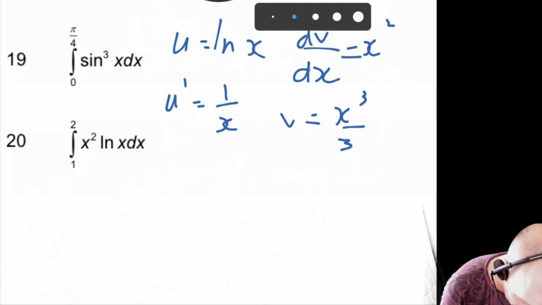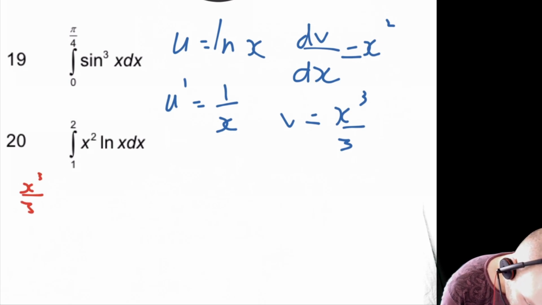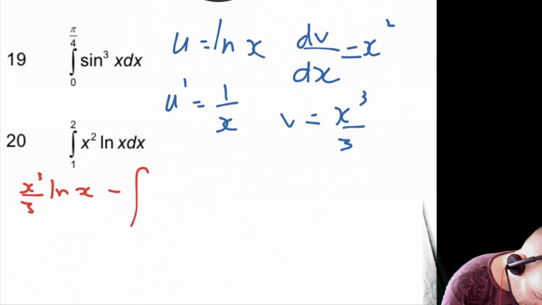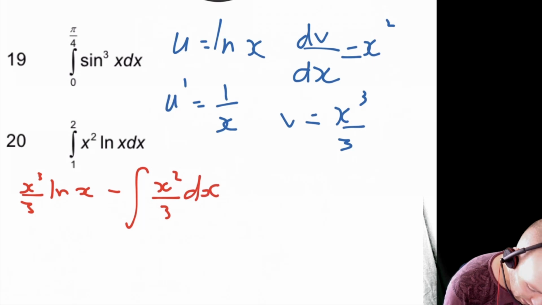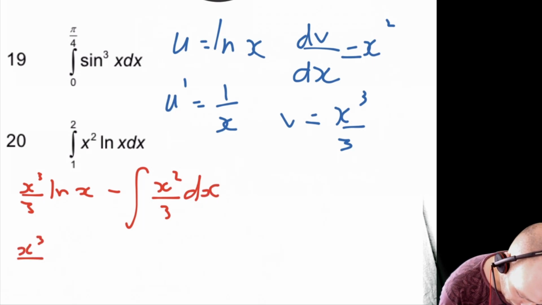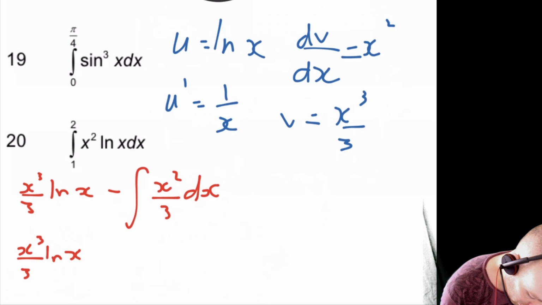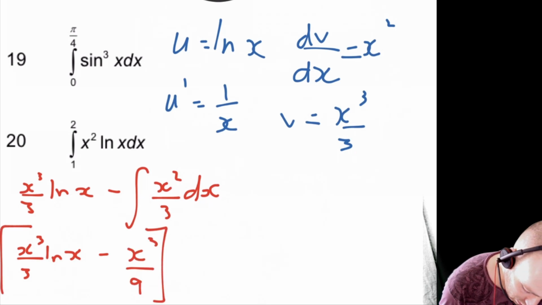So we get x cubed over 3 times ln x minus the integral of x squared over 3 dx. So we get that as our solution.